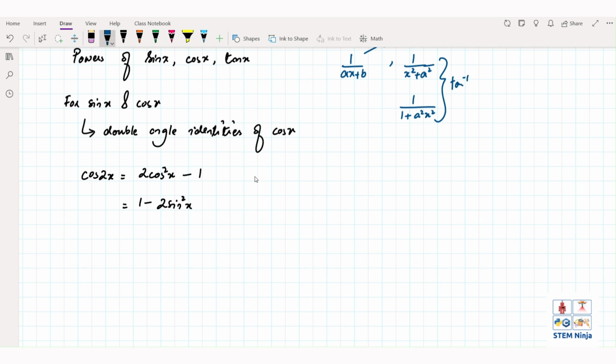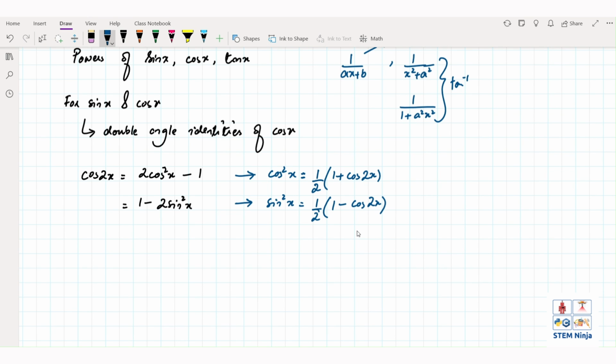Now, when you rearrange these to make cos squared x the subject or sine squared x the subject, it's a very familiar, easy to remember rearrangement. So it becomes 1 over 2, 1 plus cos 2x, and 1 over 2, 1 minus cos 2x.